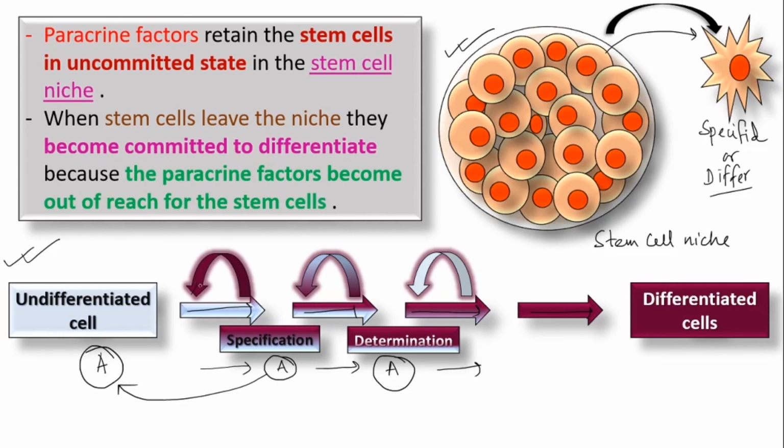This much darker arrow confirms that from this state a cell shows maximum chance to get back to its undifferentiated nature, and from this state the cells show less chance, and from this it lowers more, and in this step, once the cells are determined, they cannot step back to their undifferentiated nature.